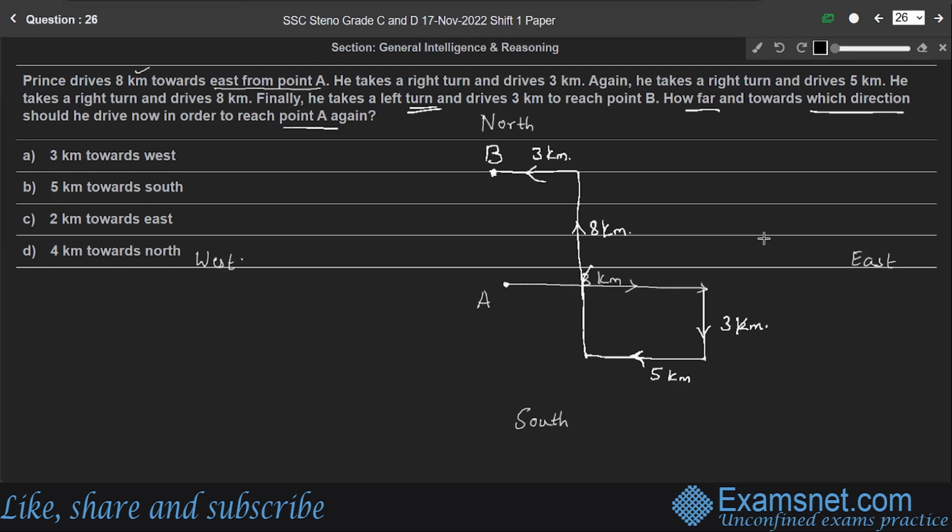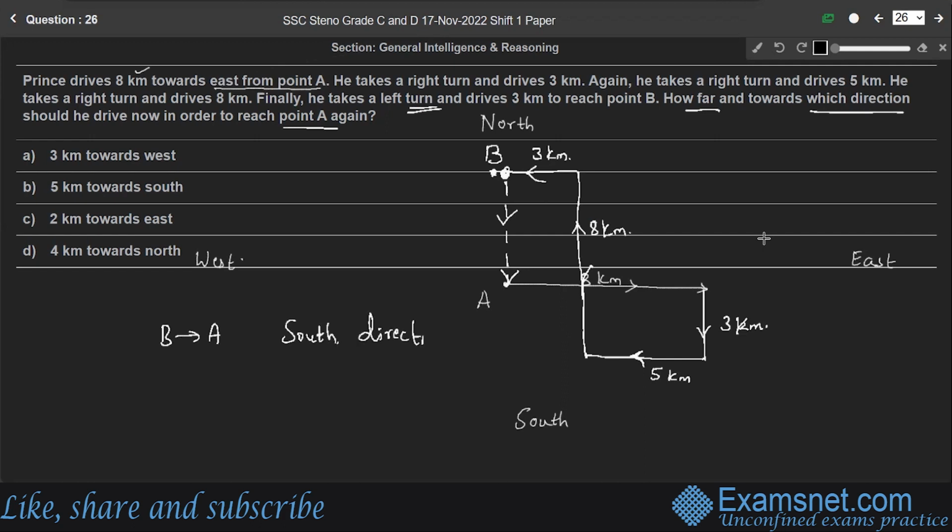In which direction? In south direction he has to travel in order to reach point A, from B to A. He has to travel south direction.